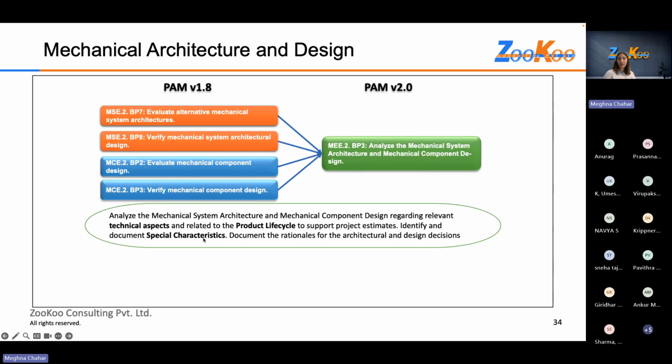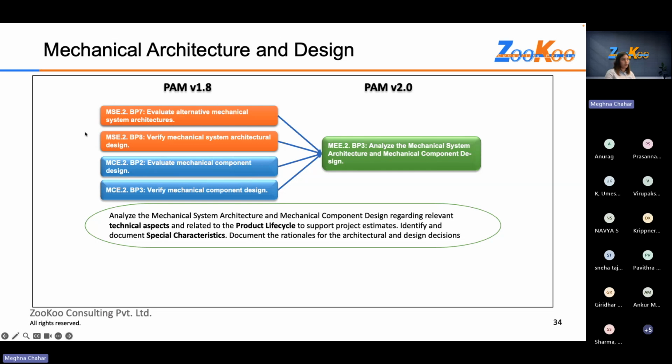These special characteristics can be identified with the support of simulation, sizing calculations, technical aspects, maybe with respect to manufacturability, suitability of your pre-existing elements to be reused, and availability of your elements. So all these parts we need to analyze. Everything is done within this one BP.